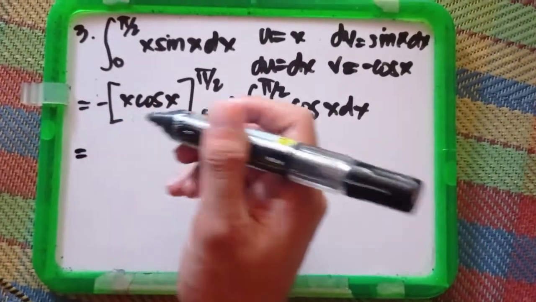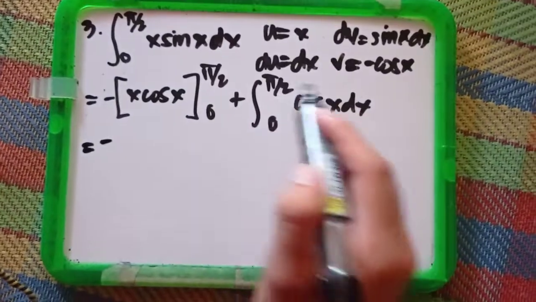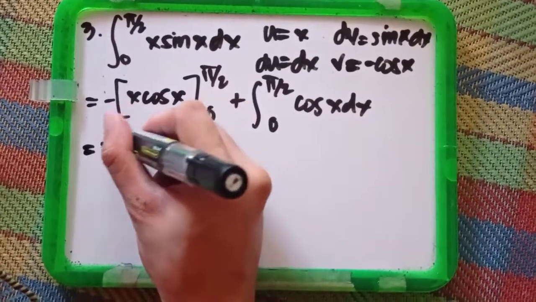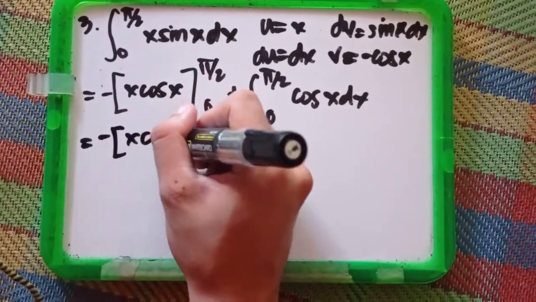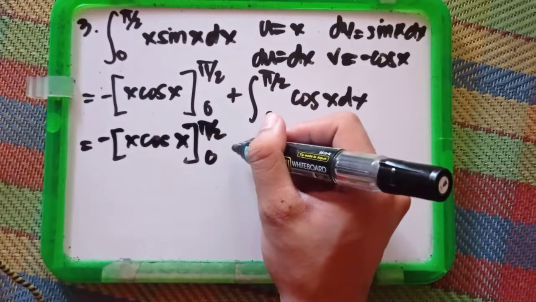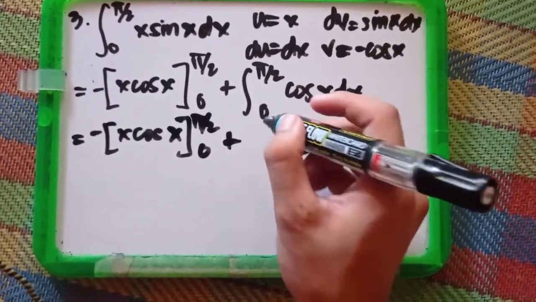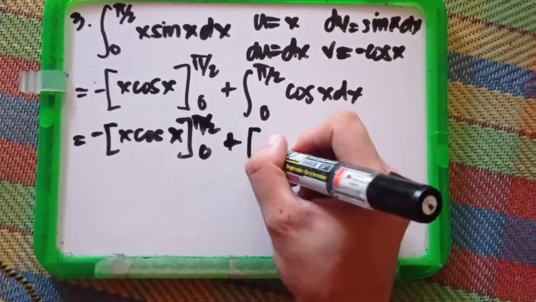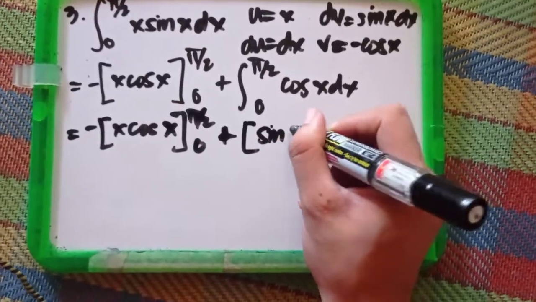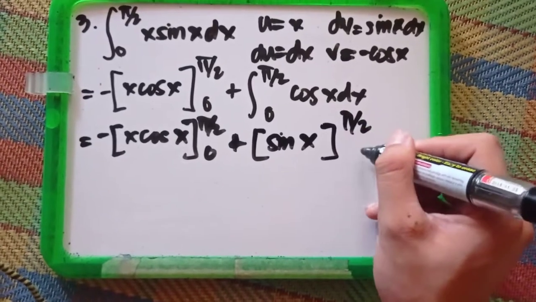Next is find the integration of this. So negative x cosine x, let's copy this, pi over 2 and 0, plus the integral of this is sine x, the upper and lower boundaries.